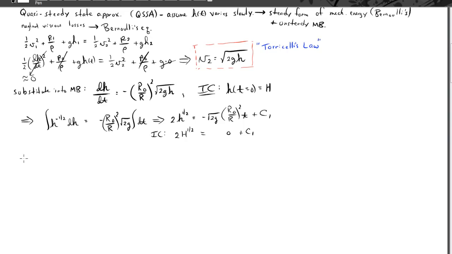So if we put this back together, substituting for c1, capital H to the 1/2 minus h of t to the 1/2 is equal to square root of g over 2 multiplied by r naught over R squared times time. So that's an expression for how the height varies with time.